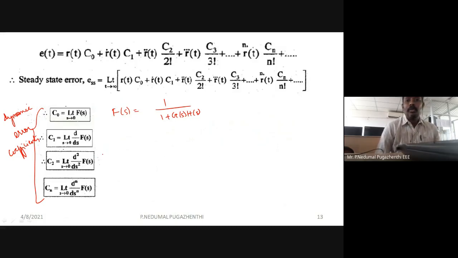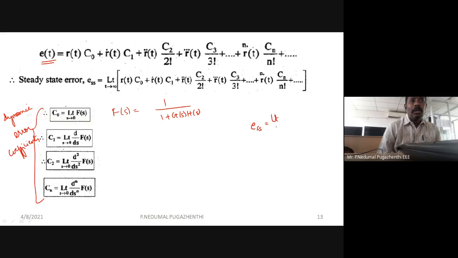Any doubts so far? So you first find your error using this relation, then substitute that in your time domain formula of steady state error. We already know steady state error can be found using two different formulas, one in time domain and the other in frequency domain, the final value theorem.